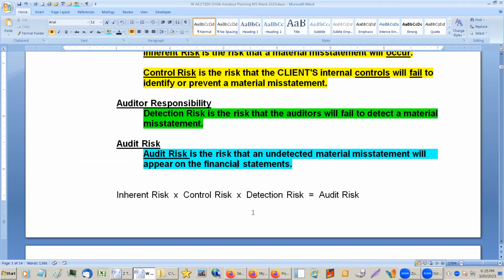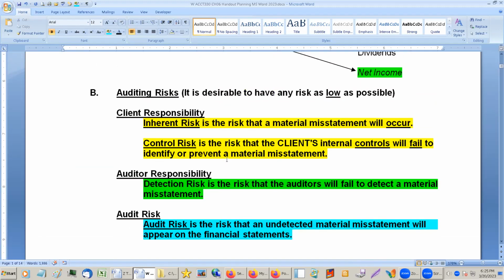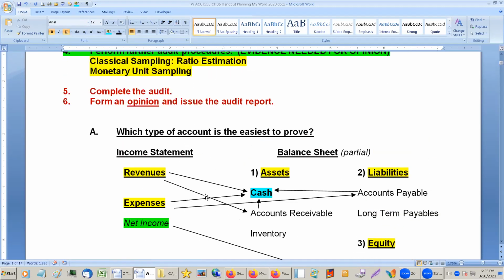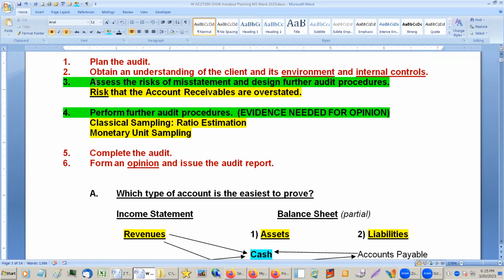Okay, so audit risk is the risk that a material misstatement will appear on the financial statements. Now, you'll notice something here. And this goes back to this first thing up here: we assess the risks.